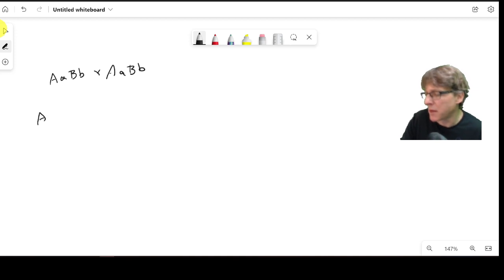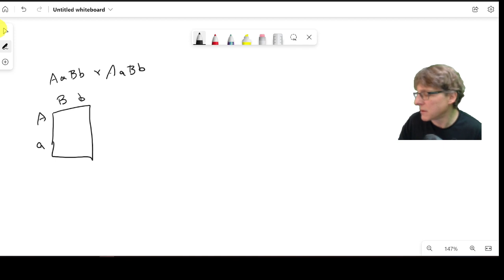This is going back to the things we've talked about in terms of Mendel's peas, in which we're going to consider the possible outcomes in terms of genotypes for the A gene and for the B gene.